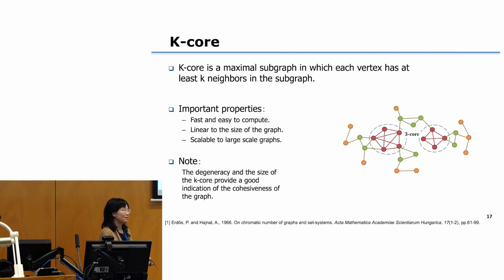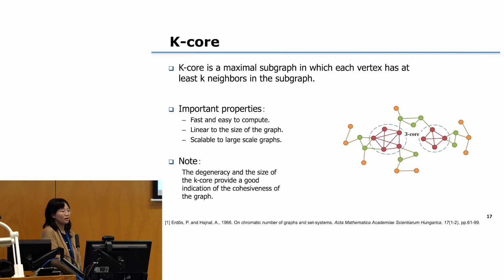If there is one person in the group who has only one friend, or only a few friends, it's likely that this person will leave the subgroup. So this model captures the level of engagement of a user in the subgraph. Every user has at least k friends. The degree of a vertex is at least k.